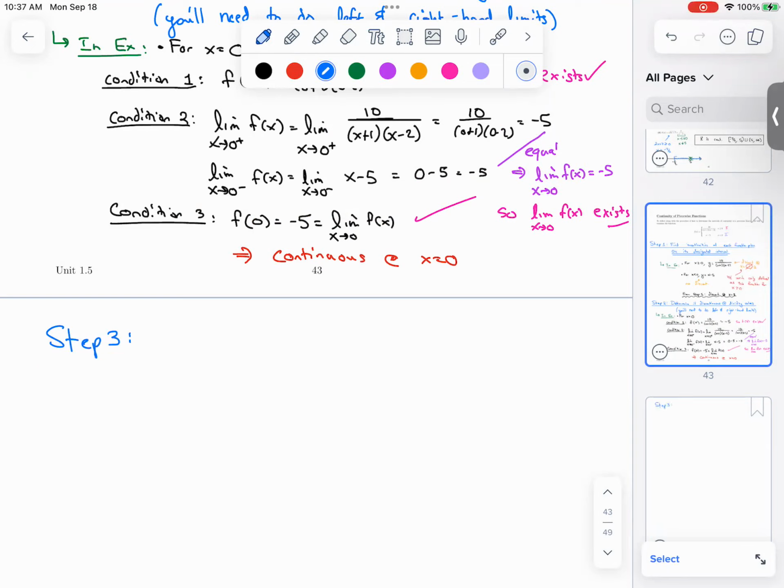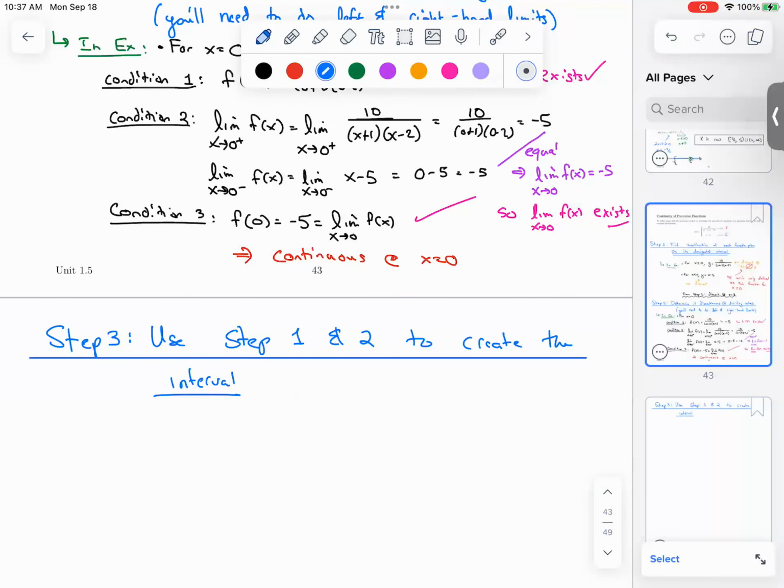Is to use step 1 and 2 to create the interval. Because this question was asking for the interval on which it's continuous. If it was asking for where it's discontinuous, we would just write 2.